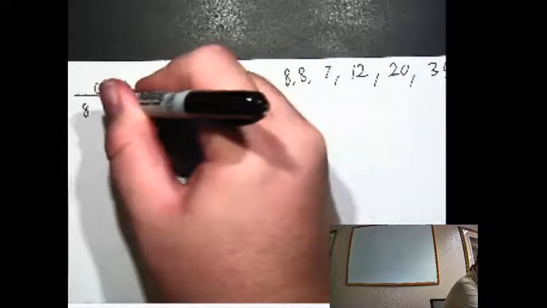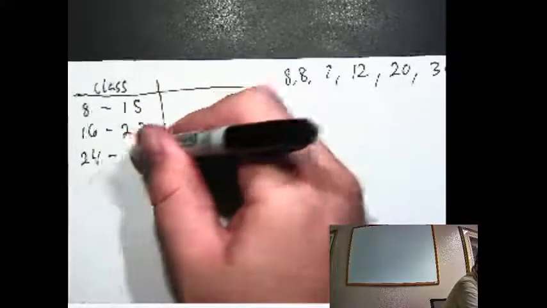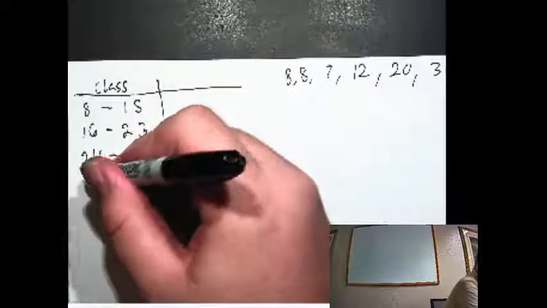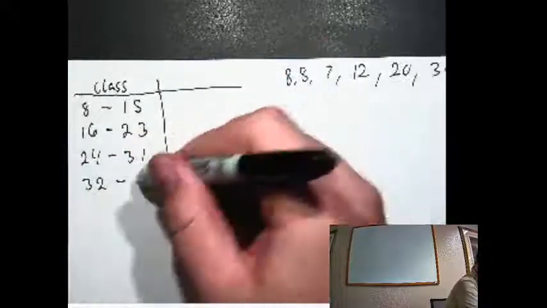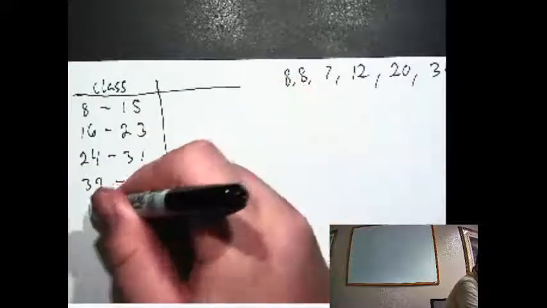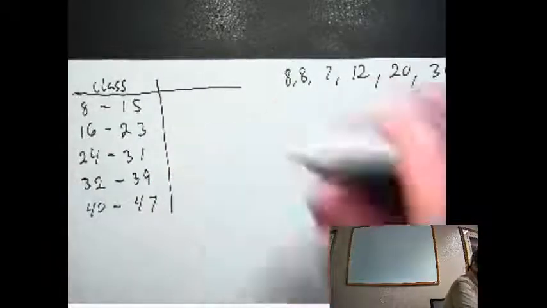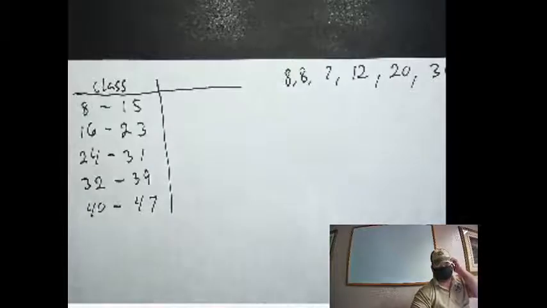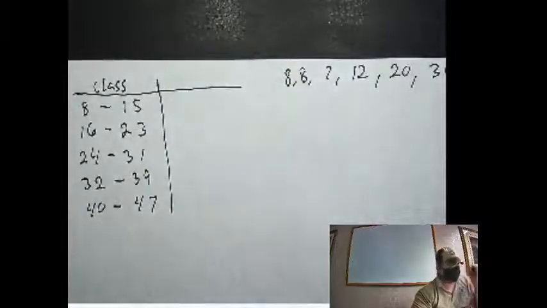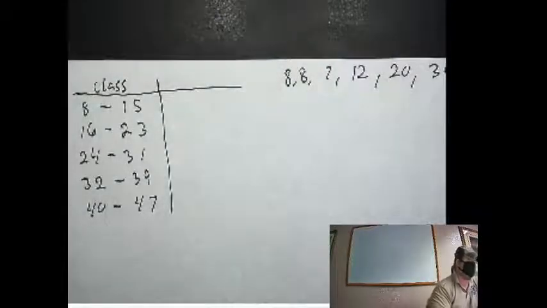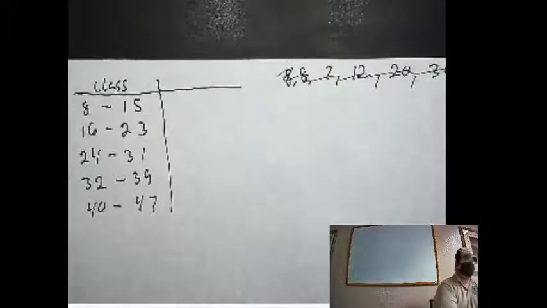So I'll just copy down the ranges that I have here: 8 to 15, 16 to 23, 24 to 31, 32 to 39, and 40 to 47. Okay? And by the way, this data, I just made this up. We don't need that. This is just an example.